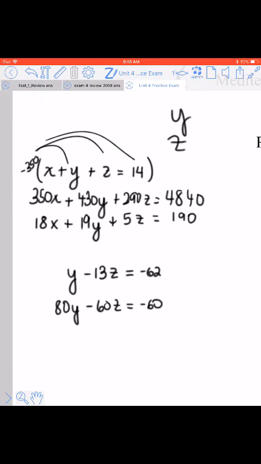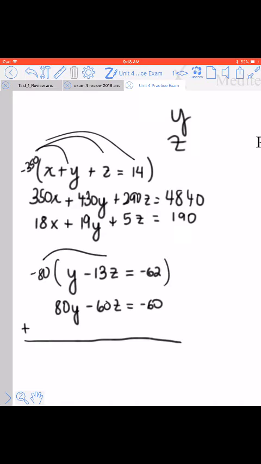So now I need to take these two equations and eliminate one of the variables. I'm going to try to eliminate y. So if I multiply that by negative 80 and then add these together, y is going to cancel. 80 times 13 is 1,040, so that's 1,040z.